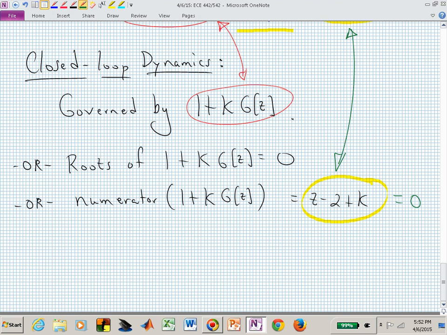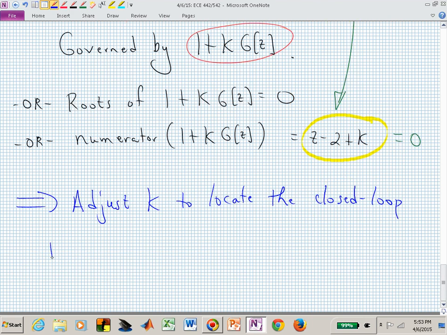We want to adjust k to locate the closed loop pole. I only have one pole since I have z to the first power. Adjust k to locate the closed loop pole at an acceptable location.